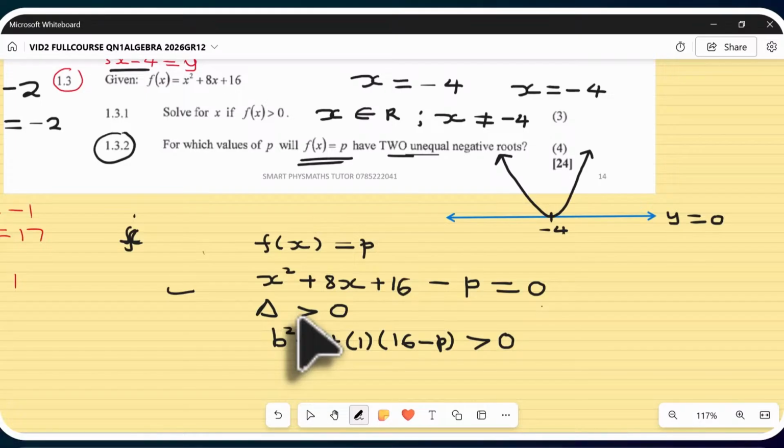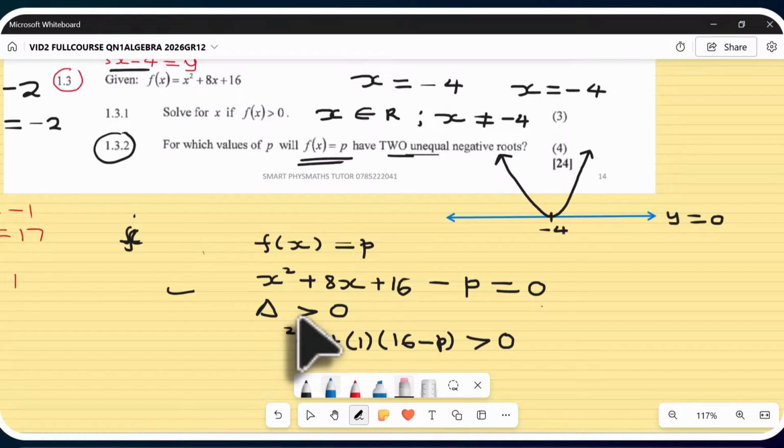So that's root of 4p, then divide by 2a. But our a is 1.